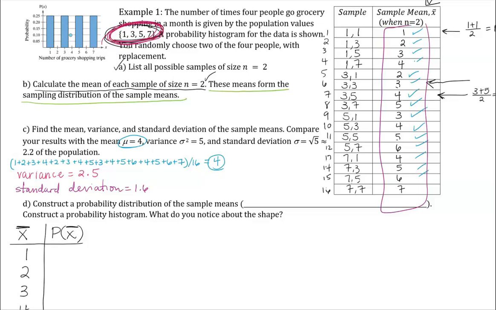We will talk about the notation of this later, but the mean of those sample means is denoted as mu sub x bar. So when we added all these numbers up together and then divided by 16 to find the average of those numbers, that was us finding mu sub x bar. So we can now see that mu sub x bar, the mean of the means, was the same thing as the mean of the original numbers that we started with in the data set.